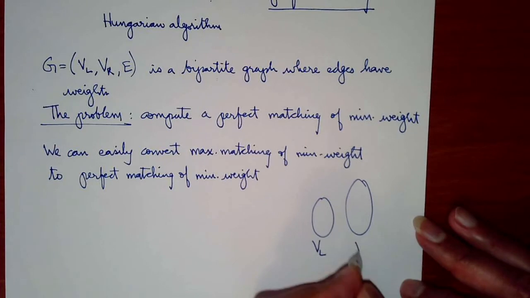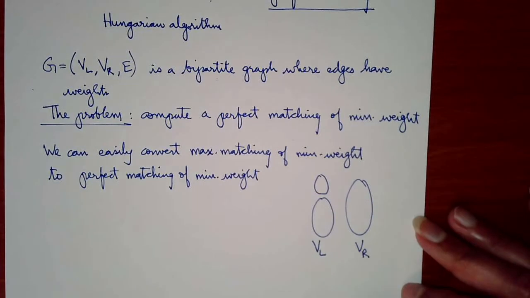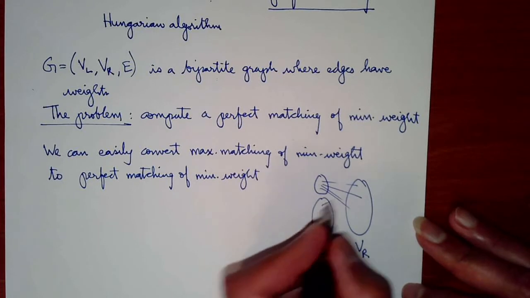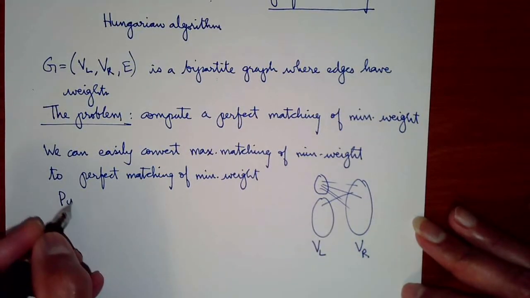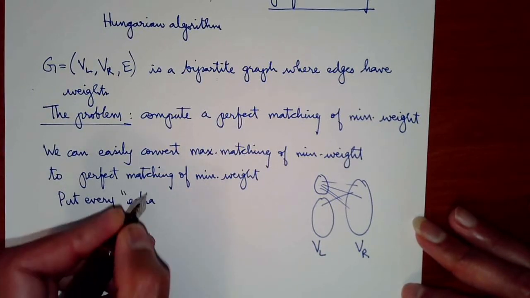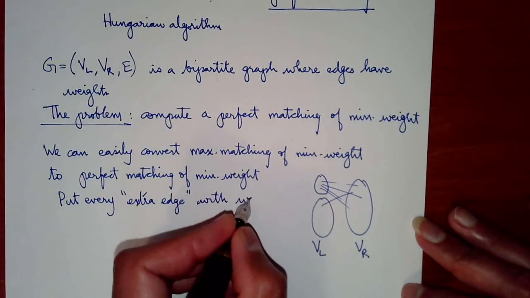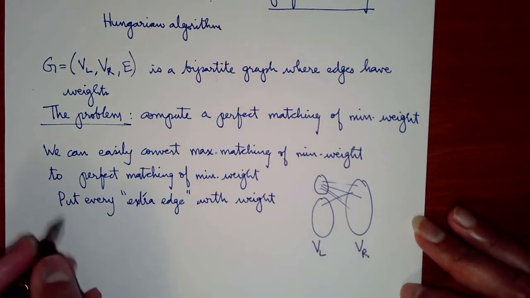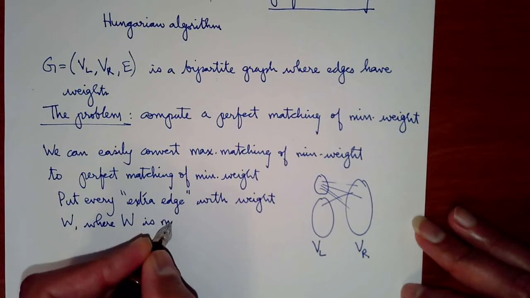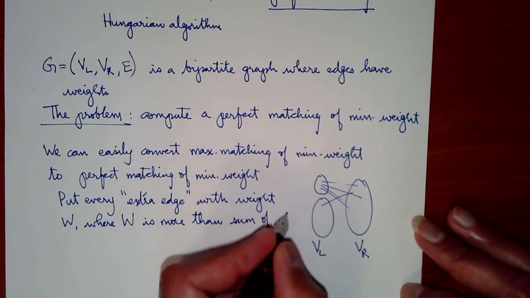So suppose you have VL and you have VR here. So what you do is you can add some dummy vertices, and for every extra edge, put weight something like W, where W is more than the sum of all weights.